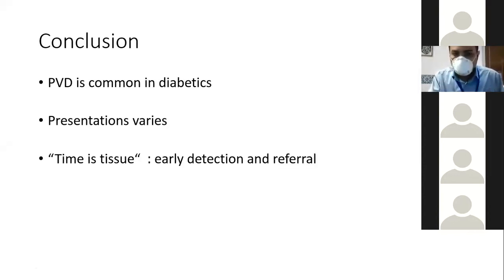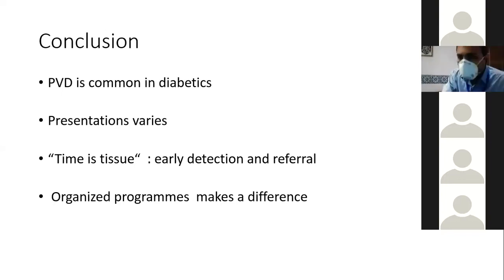So the investigation, for example the ABI, is not confirmatory, and we have to go for other non-invasive investigations. Early detection and referral, and organized programs in developed countries have made a difference, and we can duplicate that in our country also.